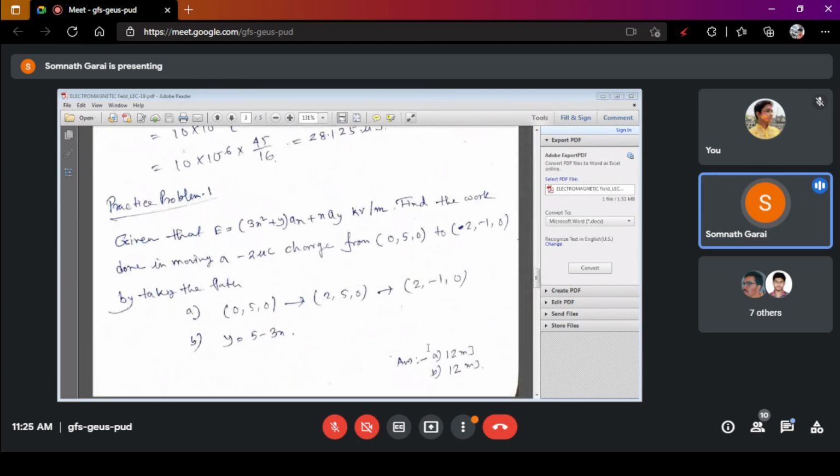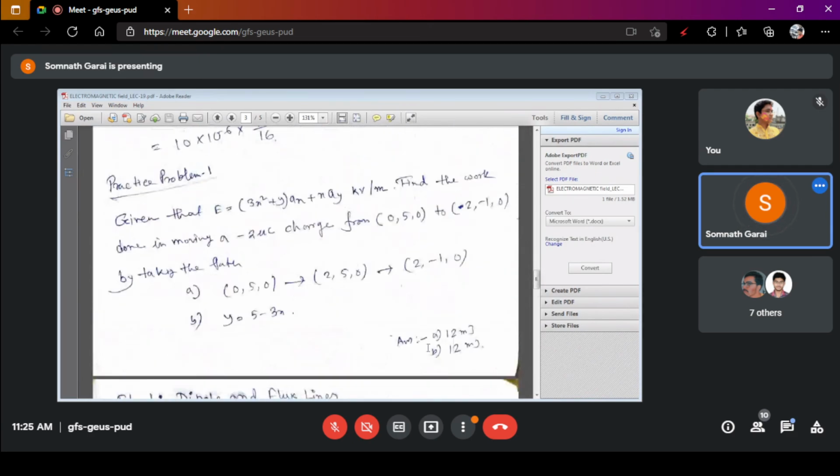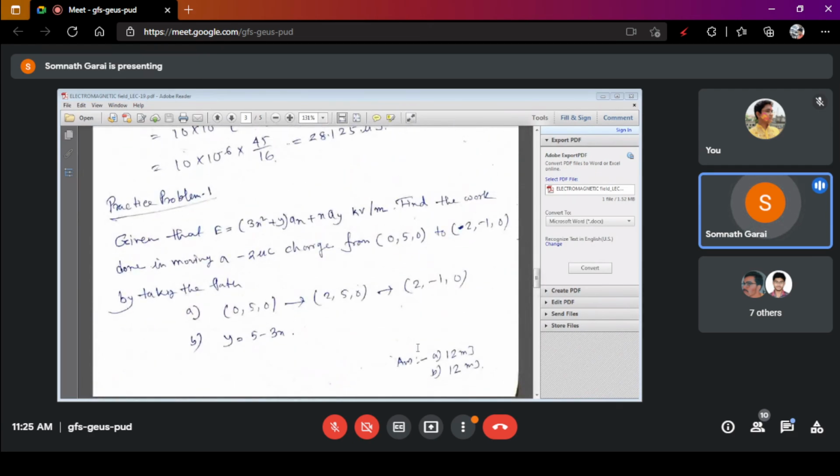Take this problem and send it to me. Practice problem 1: given that E is equal to 3x square plus y ax plus x ay kilovolt per meter.